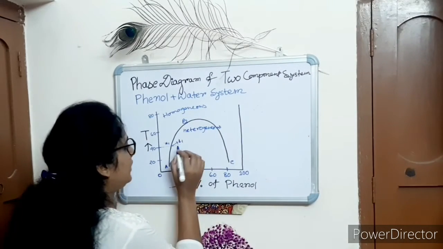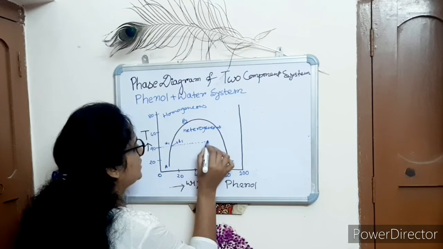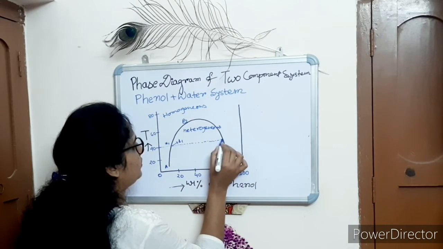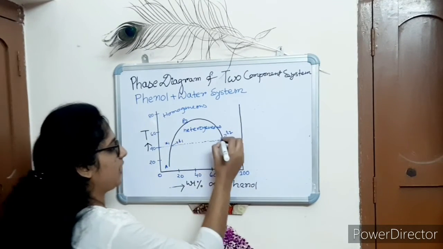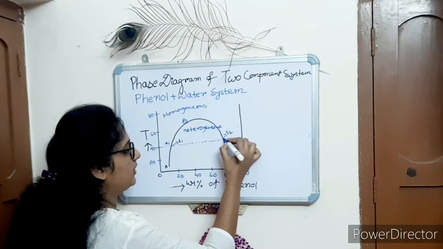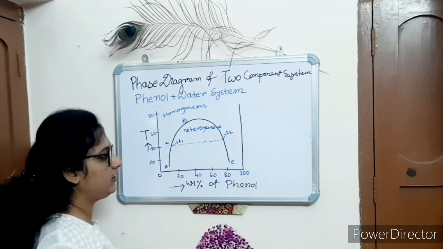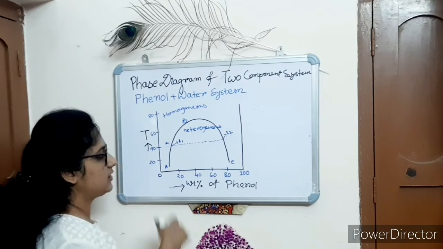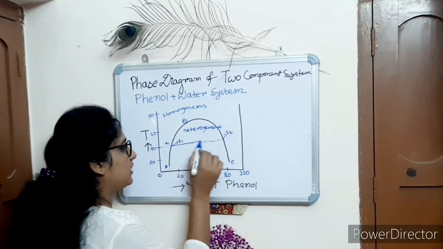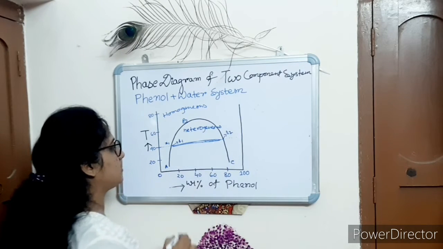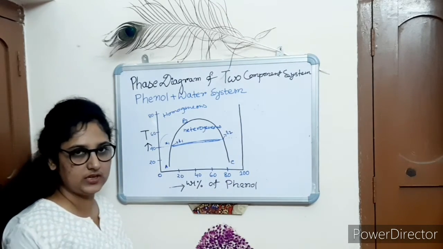And when you keep adding phenol to the water system, it will go up to that. Assume this point is L2. Now after the L2 point, if you keep adding phenol to the water system, it forms a homogeneous solution again. So this portion is the portion for the heterogeneous solution, but this portion is for the homogeneous solution.